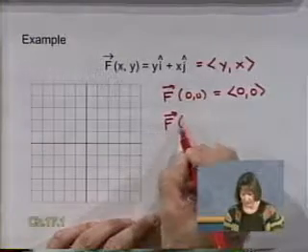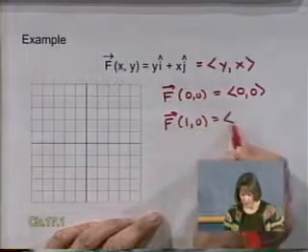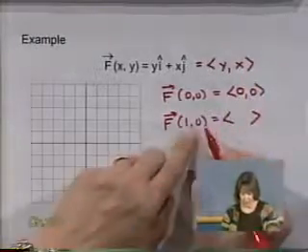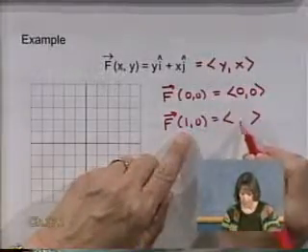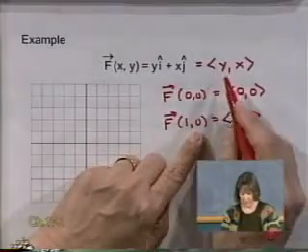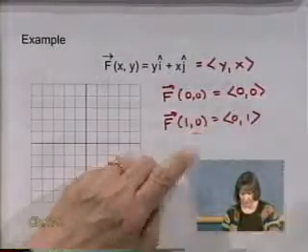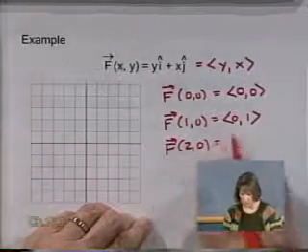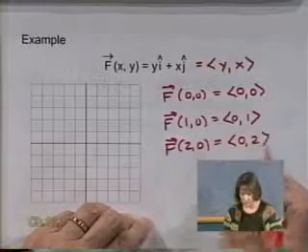F of 1, 0 would be, notice the output is the vector yx. So since x is 1, the y component is 1, and since y is 0, the x component is 0. F of 2, 0 would be the vector 0, 2.